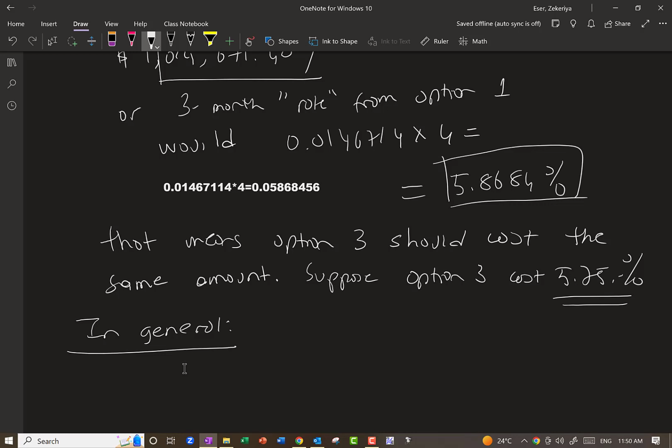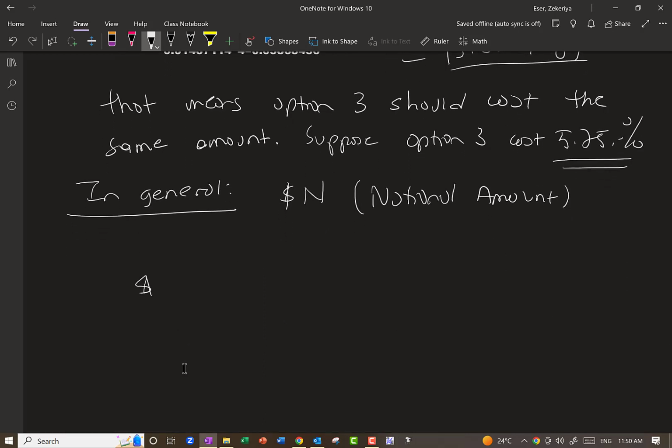I took dollar $n and, let me do this, I divide that by the PV factor for 3 months, where PV3 is 1 plus R3 over 4. And I apply the PV factor for 6 months.